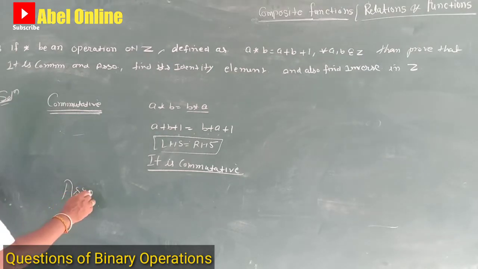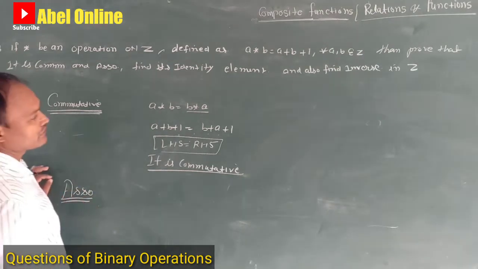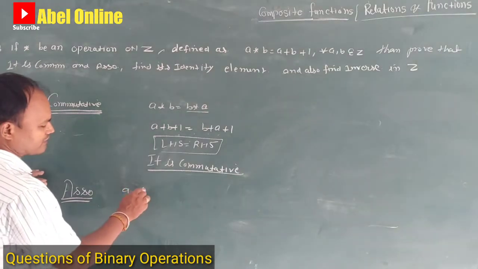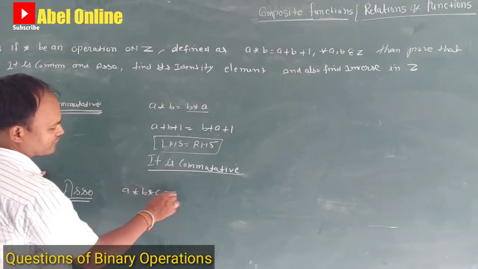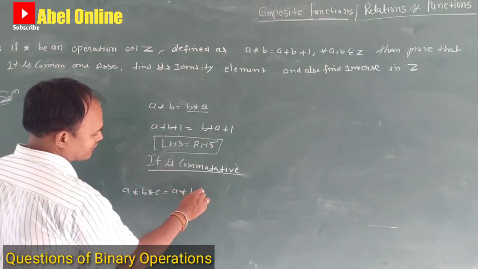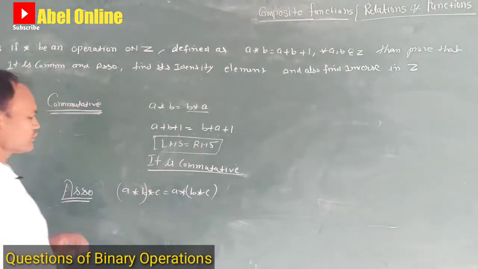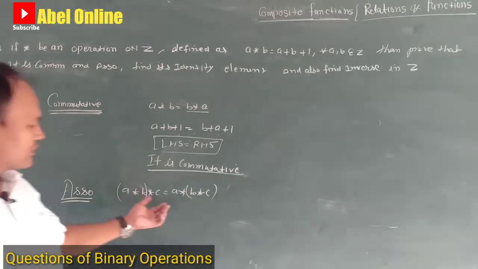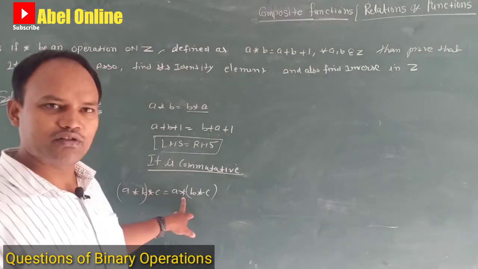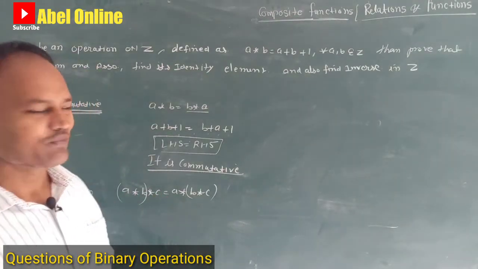Now next one is associative. When we are saying associative, what happens? A star B star C equal A star B star C with brackets placed differently, this is the associative rule: (A star B) star C is equal to A star (B star C).